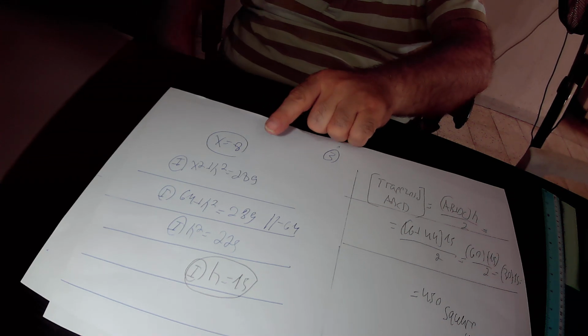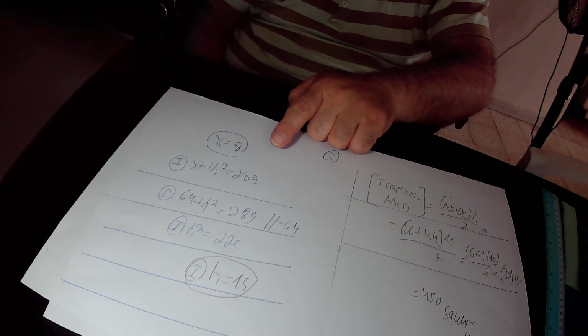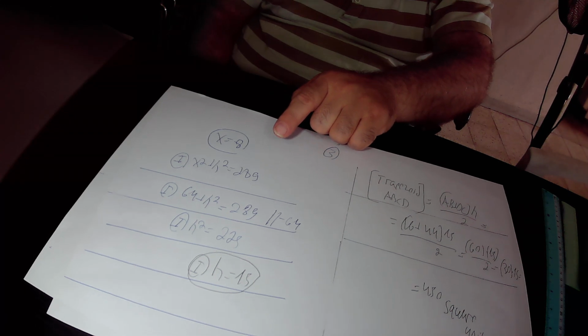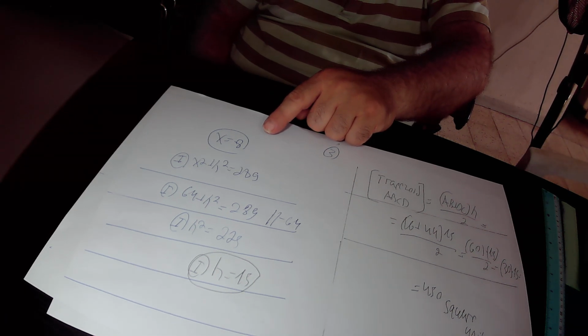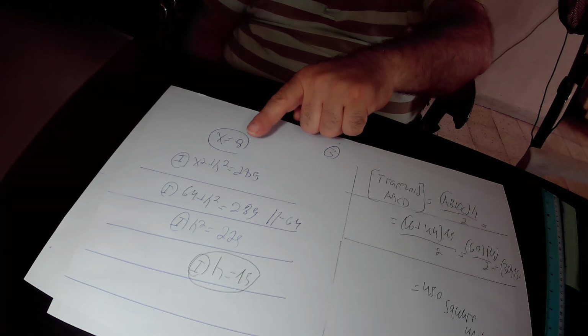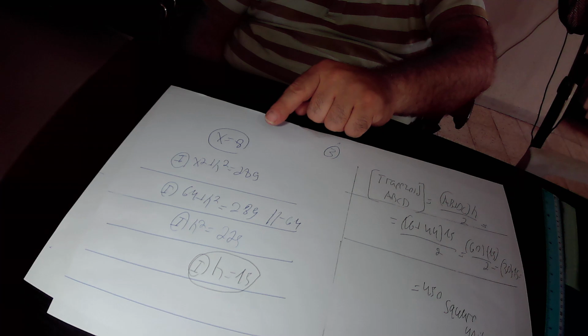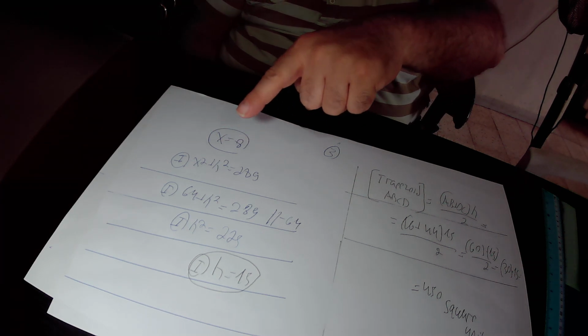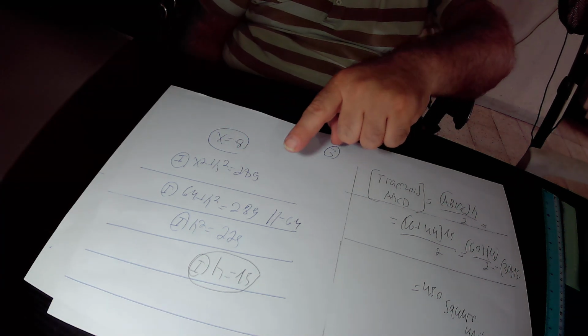According to equation 1, x squared plus h squared equals 289. If x equals 8, it means that x squared must equal 8 squared, that is 64. So we can substitute x squared in equation 1 by 64. We did it, and found that 64 plus h squared equals 289.